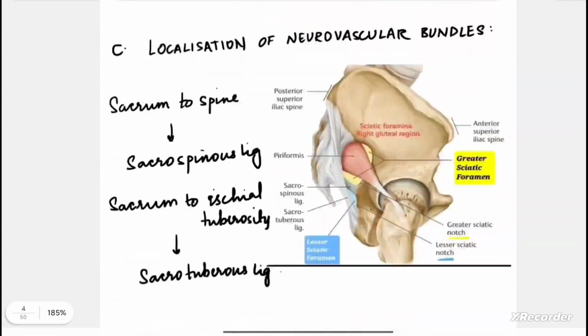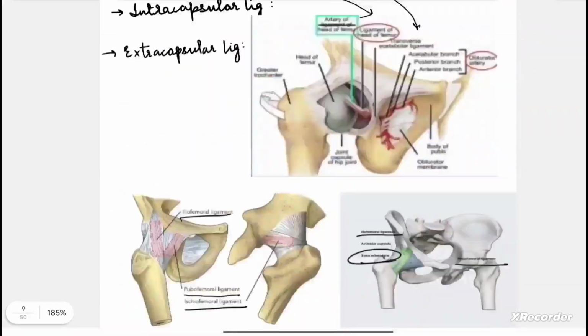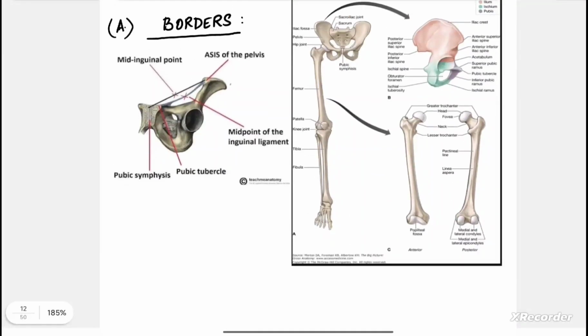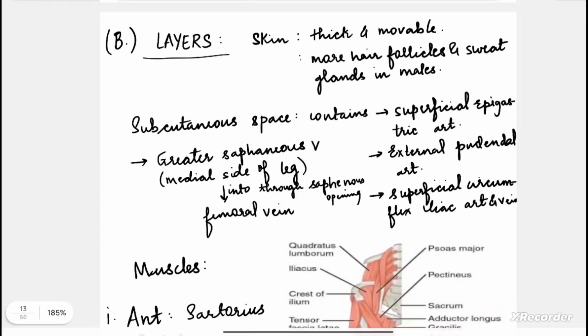Inferiorly, there is a circular line drawn two fingers above the patella. This is the patella. Now the circular line is drawn at the level of two fingers above the patella. Laterally, two vertical lines are drawn till the lateral and medial epicondyle. Now next are the layers.